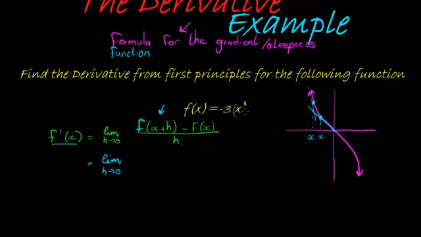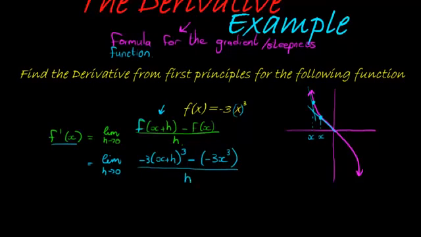Well, it does two things. It cubes it and then multiplies it with -3. So the input is x plus h. That must be cubed and then multiplied with -3, minus f of x, which is just -3x cubed. That's what f(x) is. We divide this by h.